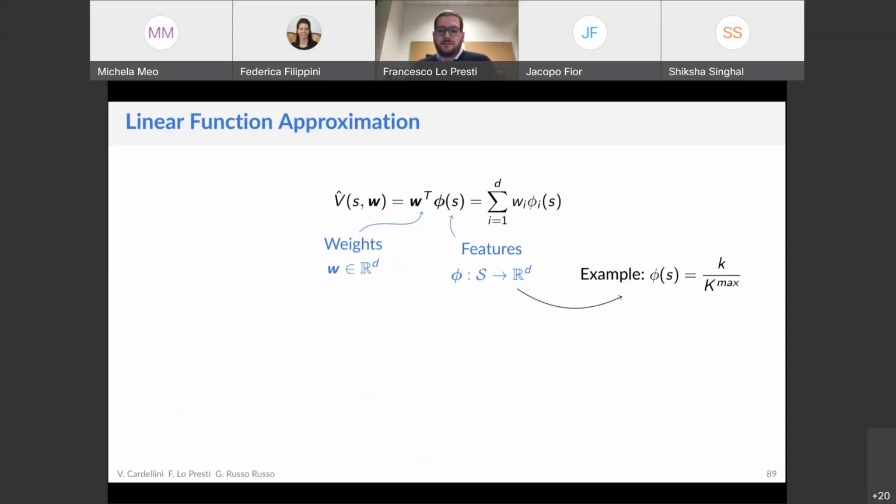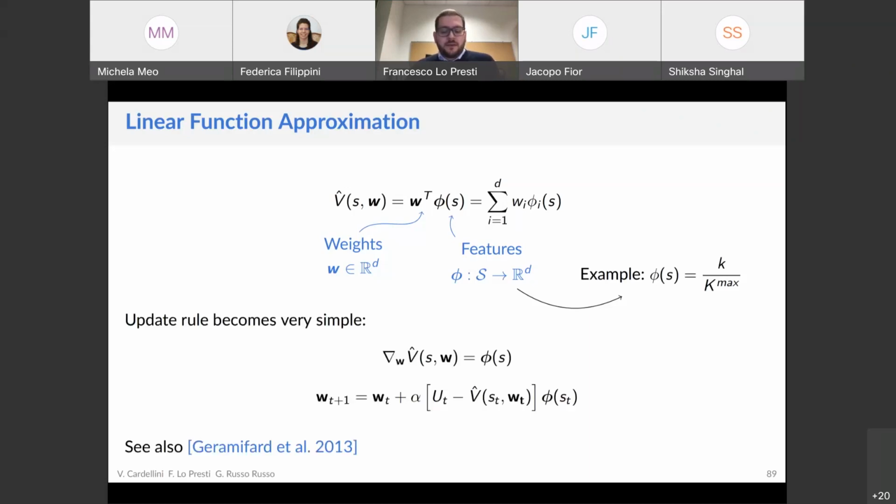The features are functions that associate states with some real values, and these features are used to capture some properties of the states. So, for example, a feature of a state in our autoscaling example may be the normalized parallelism level in a state.